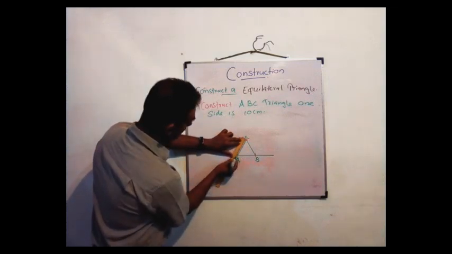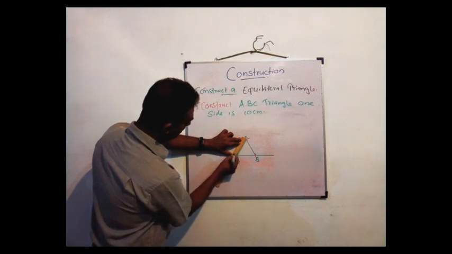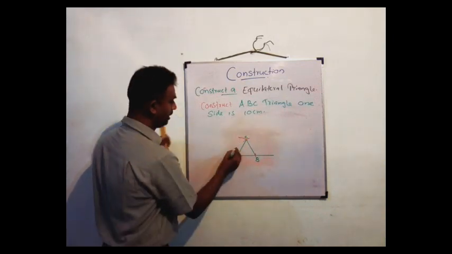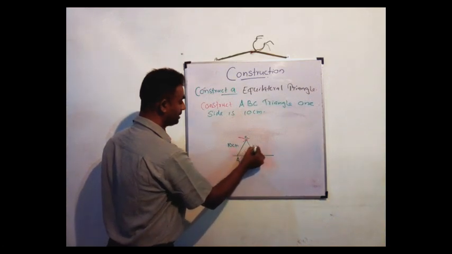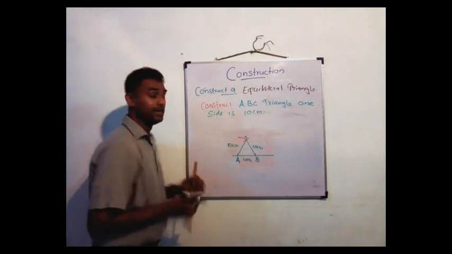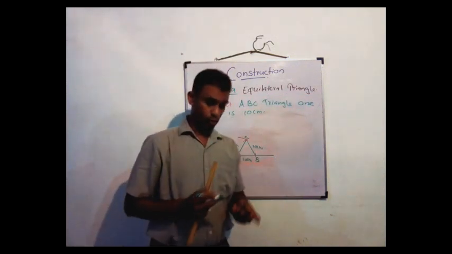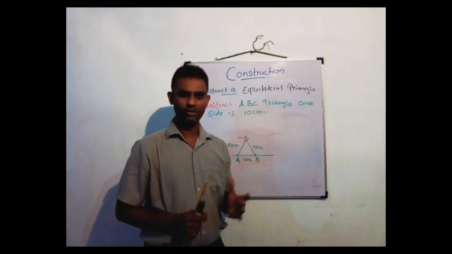See here. This one is definitely 10 centimeters. As well, we want to mark the measurements on the sides: 10 centimeters and 10 centimeters. This is the way to create an equilateral triangle.